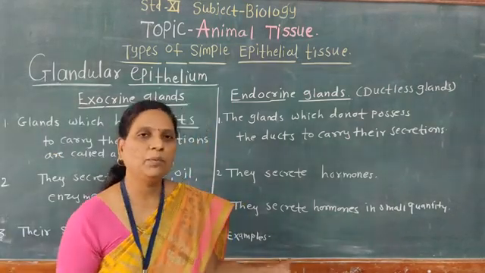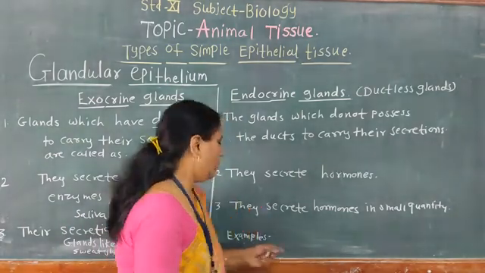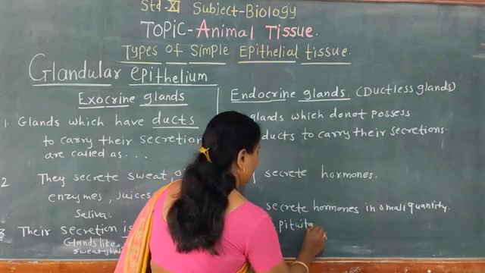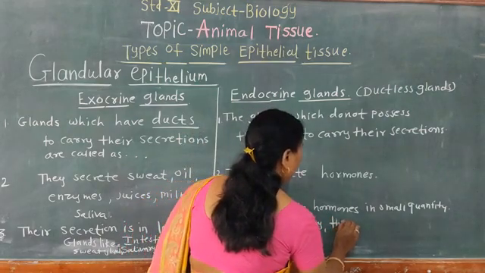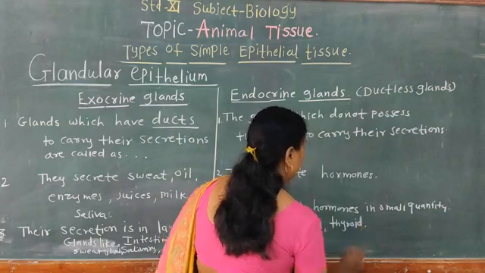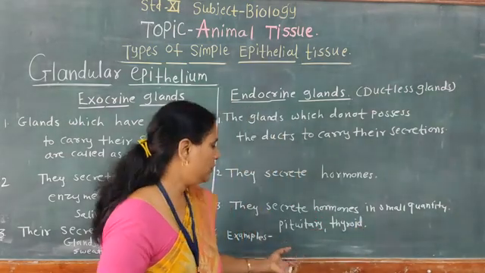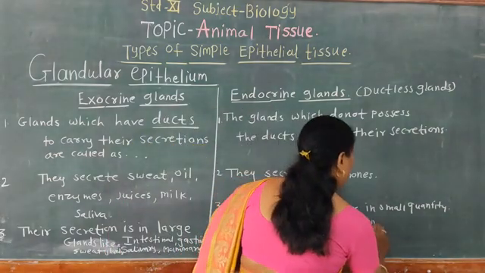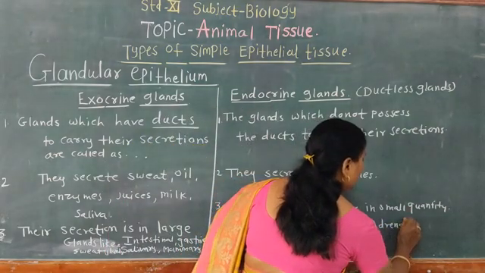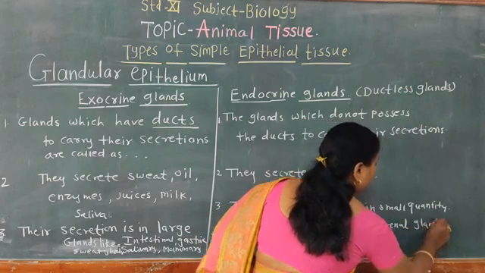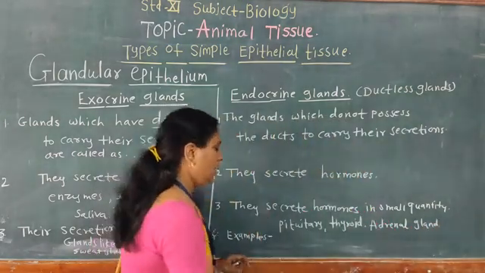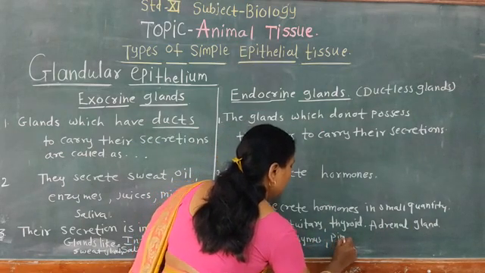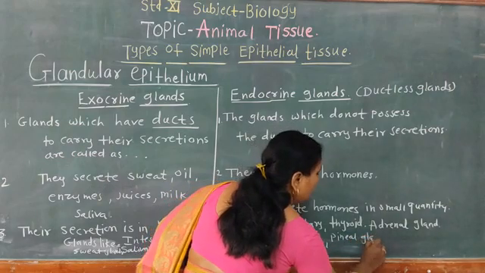What are the different examples of endocrine glands? The endocrine glands are mainly pituitary, then thyroid gland, which is present in our neck region, pituitary gland, present in our brain, and the adrenal gland, which is also called the suprarenal gland, present on the anterior surface of the kidneys, then thymus, pineal gland, all are the endocrine glands.